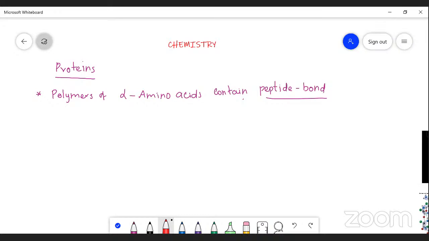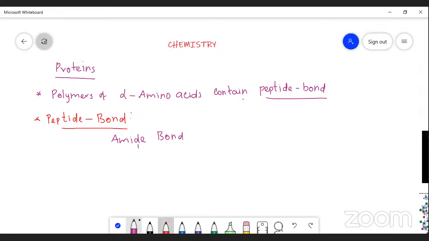Now, what is the peptide bond? Listen. Peptide bond is nothing but an amide bond. So the amide bond is considered a peptide bond.